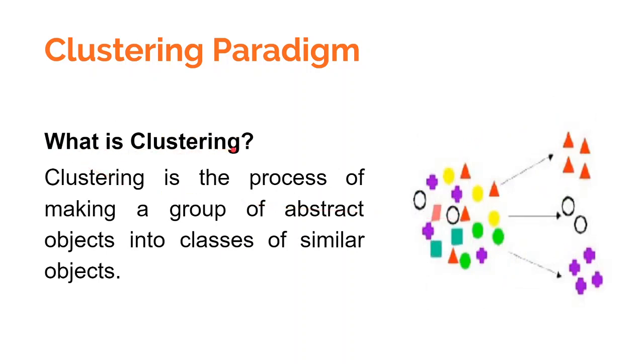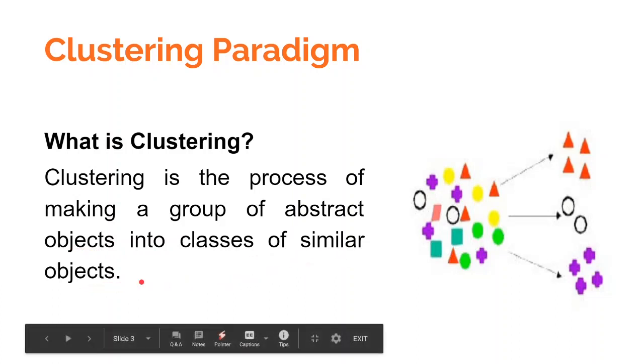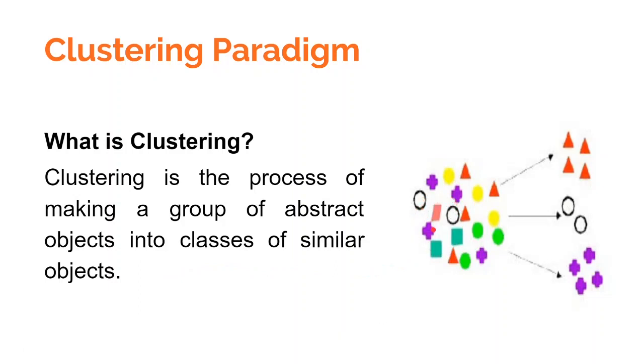What is clustering? It is the process of making a group of abstract objects into classes of similar objects. These are different data. Let's consider that this triangle shape pattern is similar to one data, this circle shape pattern is similar to other data, and this plus shape pattern data are similar to another data.